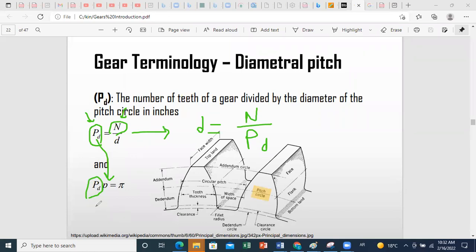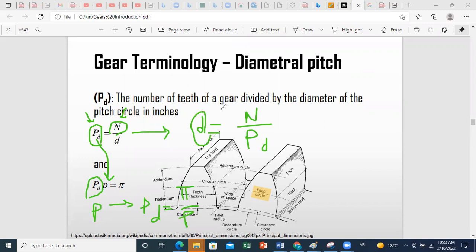If I give you P, you start by saying I can determine PD, which is equal to pi over P, and then to get my D value, I use that it's N over PD.